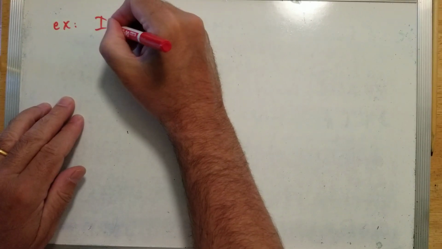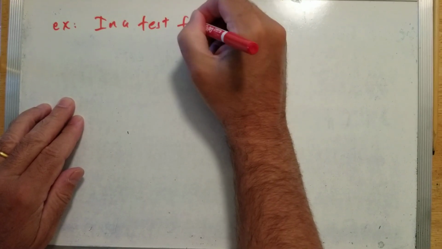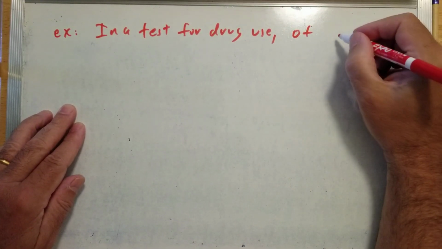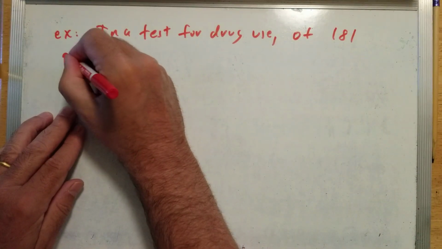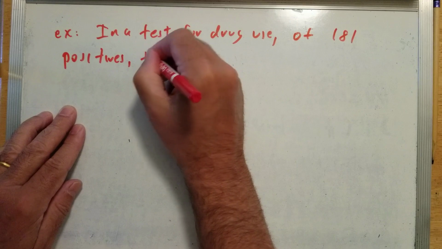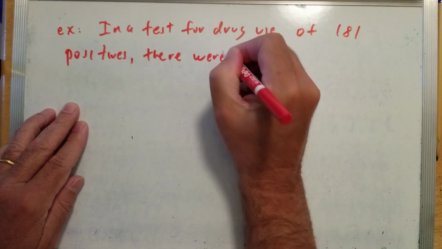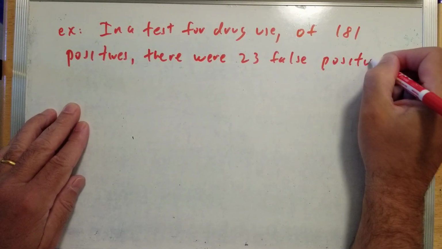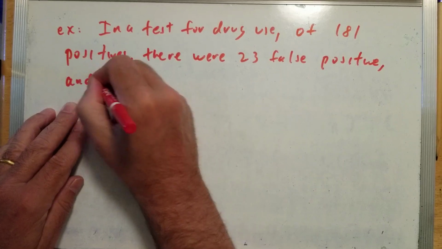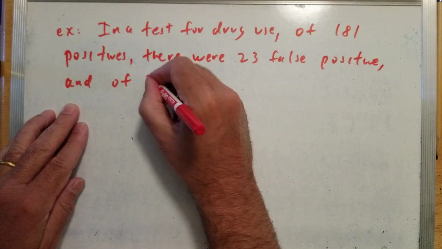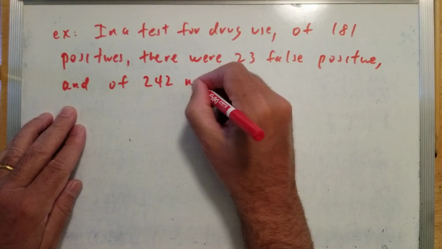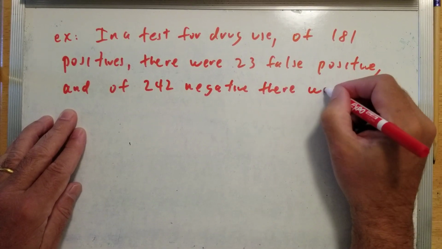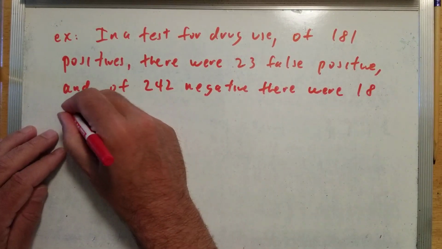Suppose in a test for drug use, of 181 positives, there were 23 false positives, and of 242 negative, there were 18 false negative.